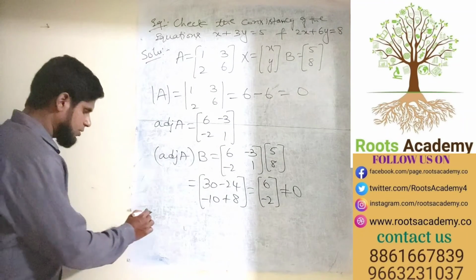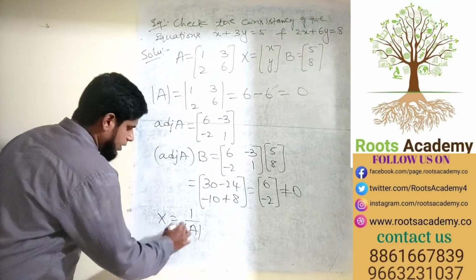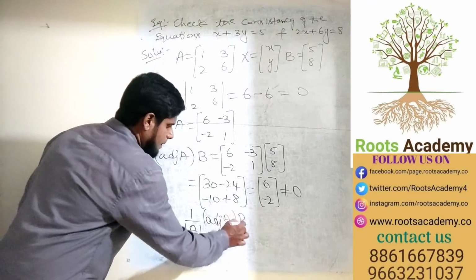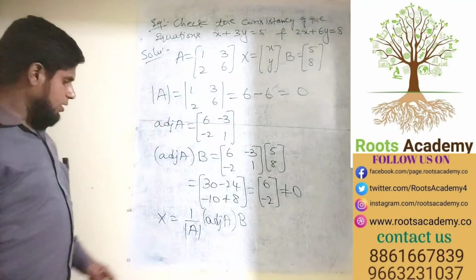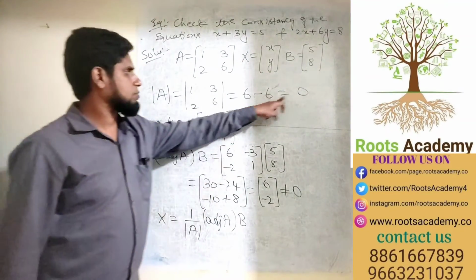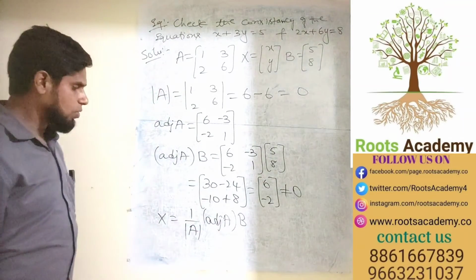So student, here in the formula, 1 by determinant A into adjoint A into B, if I substitute in the formula, the denominator part is 0. My denominator part is 0.